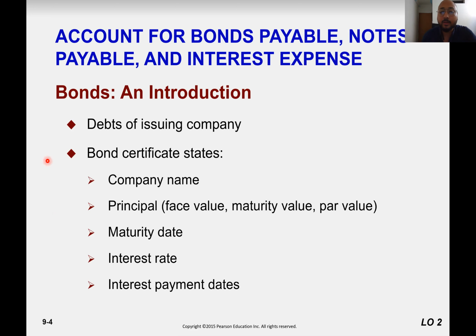Of course, there are going to be interest rates and payment dates as well. For example, interest quarterly, after every 3 months, or semi-annually after 6 months, or on an annual basis.